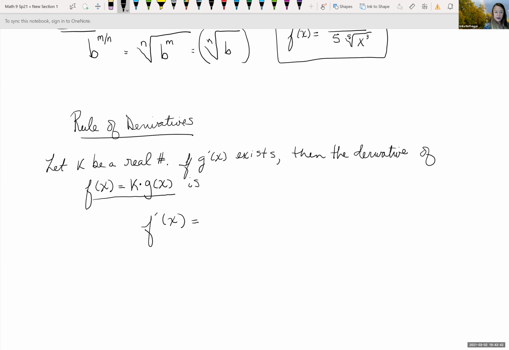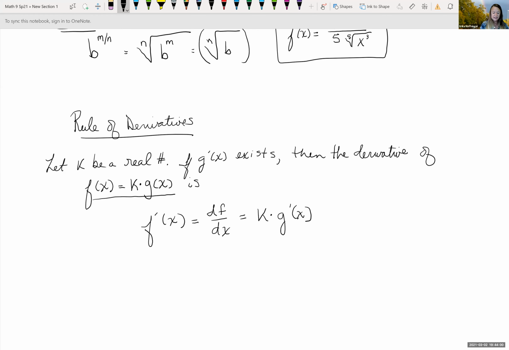Remember, we had different ways that we could write this. I could write this as df/dx. That derivative is equal to k times the derivative of g of x, g prime of x.